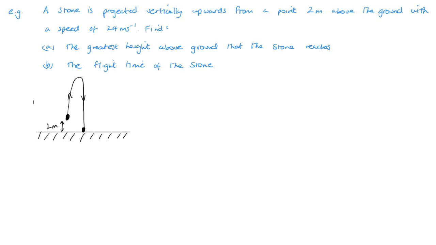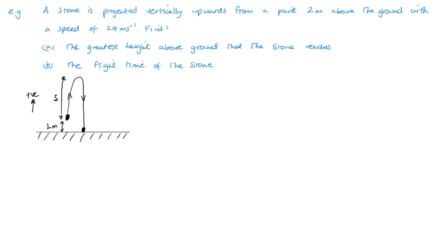Okay, so I'm going to take upwards as positive, and this distance here up to its maximum height, that's what I'm going to call S. Okay, so let's find the greatest height.